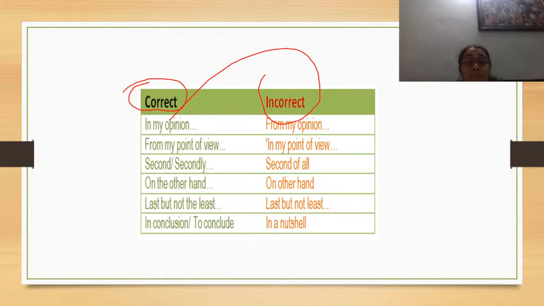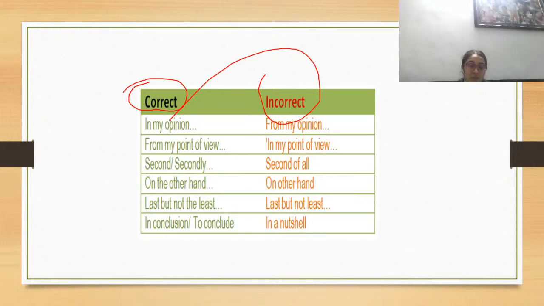Should we discuss? Okay, so yes, let us talk about some correct and incorrect framings that are seen specifically for linking words. And when I say some correct and incorrect phrasing of the linking words, these are some of the common examples that I have placed here in front of you.